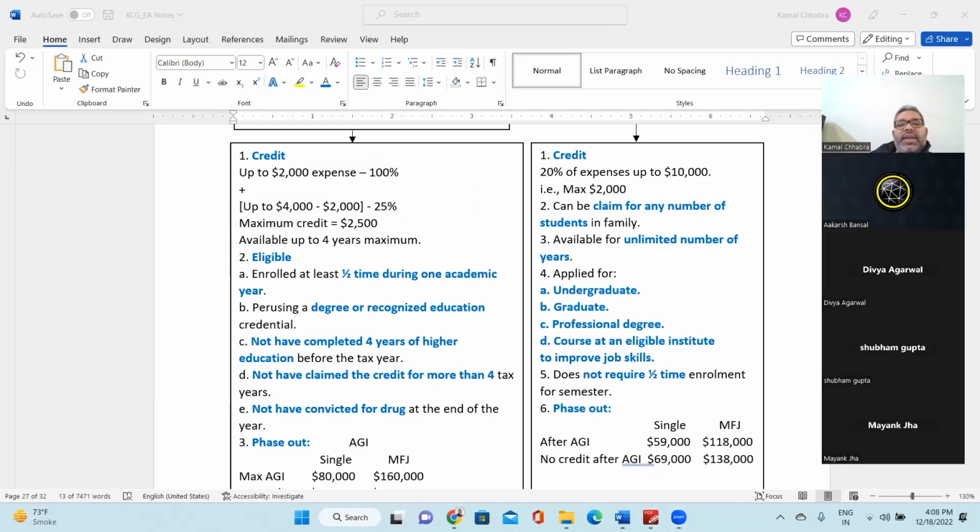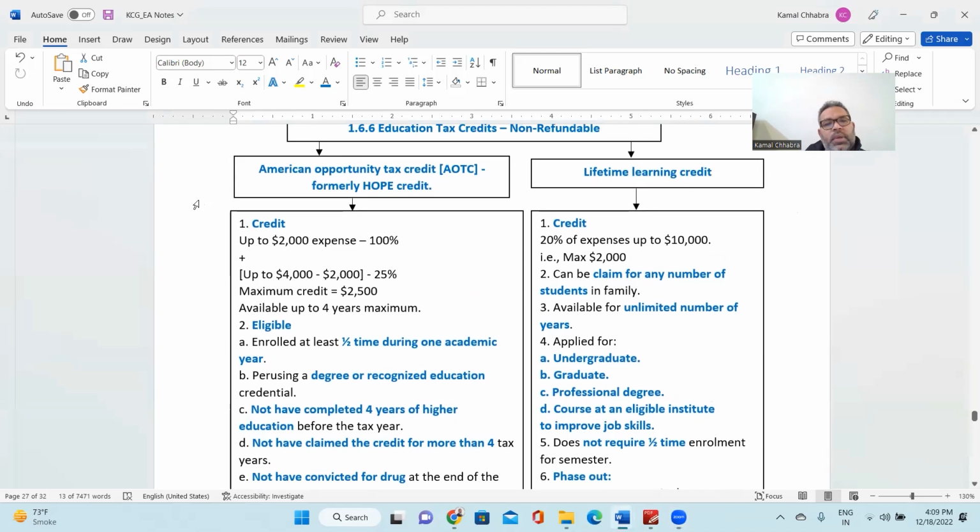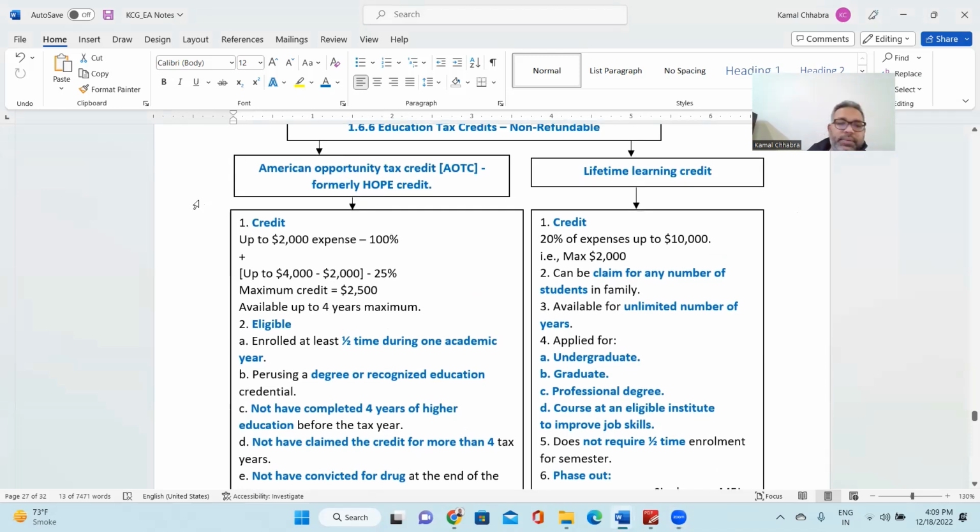Now, the second point is eligibility. Who is eligible to avail this American Opportunity Tax Credit?